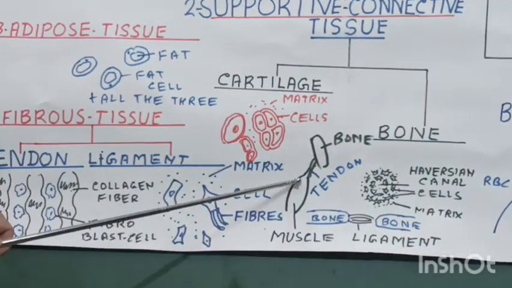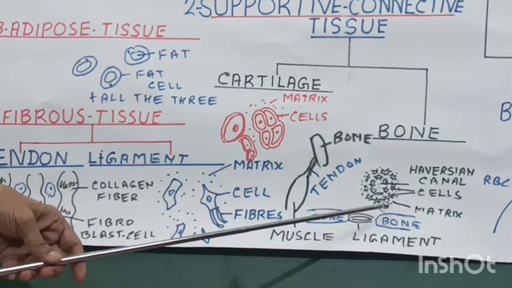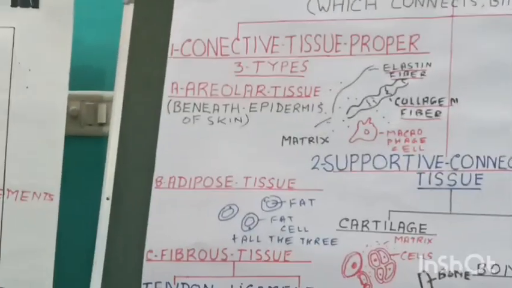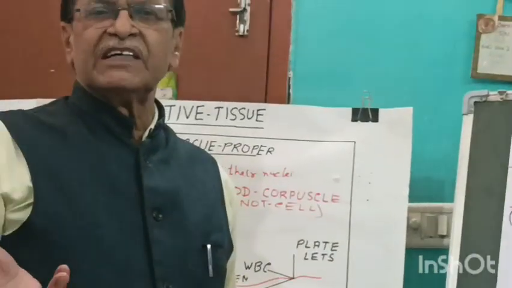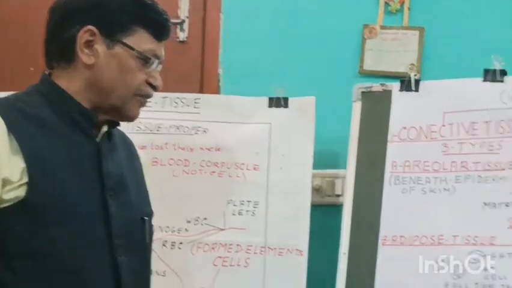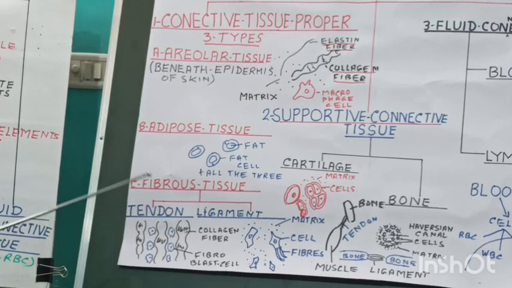Tendon connects a muscle with a bone, whereas a ligament connects two bones, right? Tendons and ligaments are like other connective tissues, but here the fibers are much more developed, and the fiber-making fibroblast cells are present.